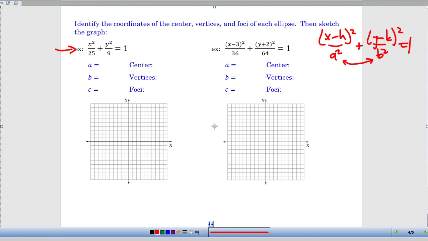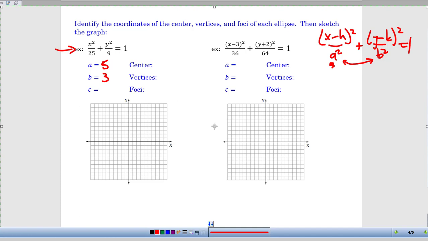So before we even get to the center and the vertices and the foci, I think it's important for us to get the values of a, b, and c, because those help us with the actual plotting of the points on the curve of the ellipse. So if a squared is under the x, since that's bigger, that means a is going to be 5. b squared is underneath the y, so that means b is 3.